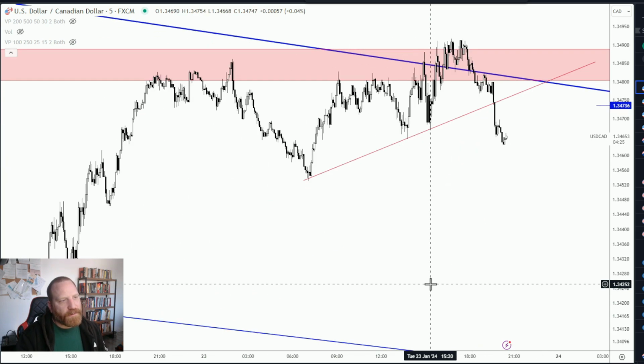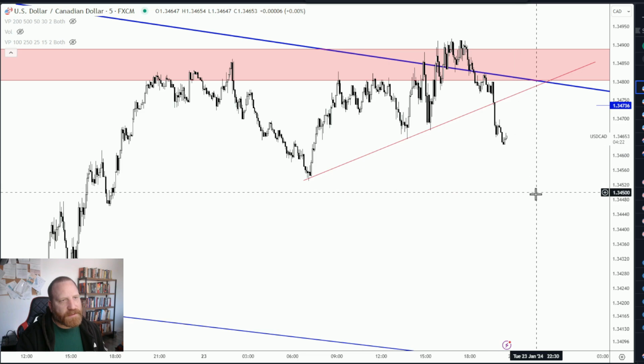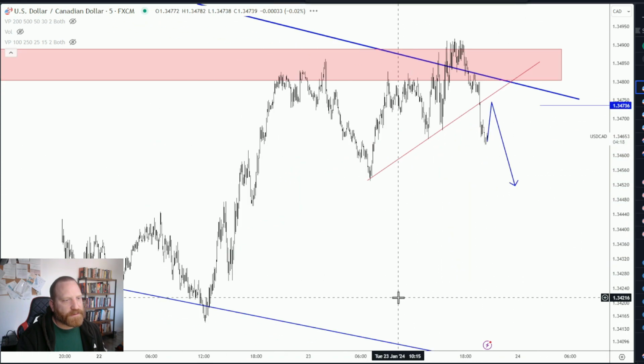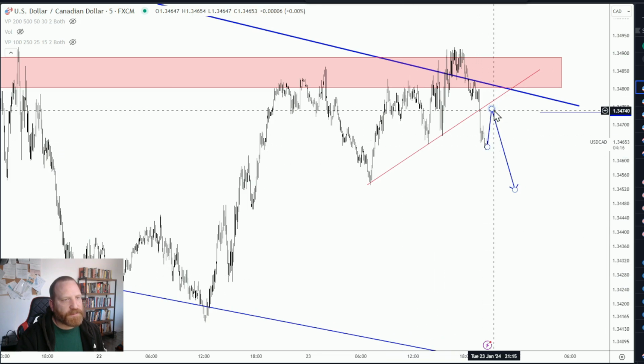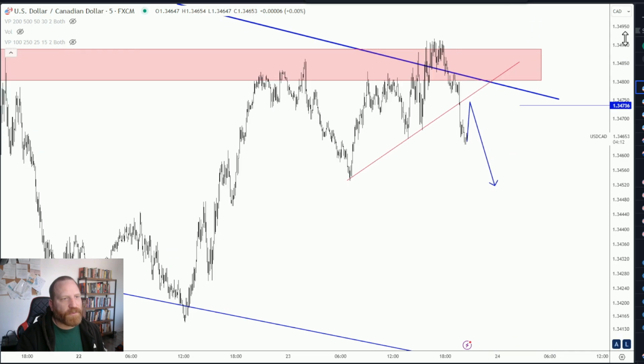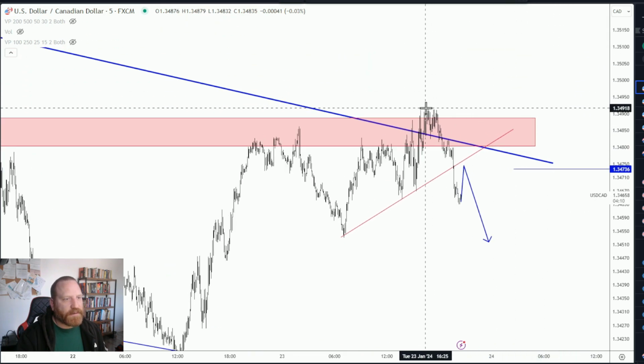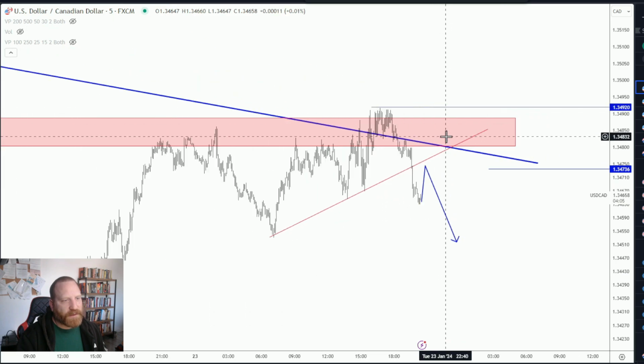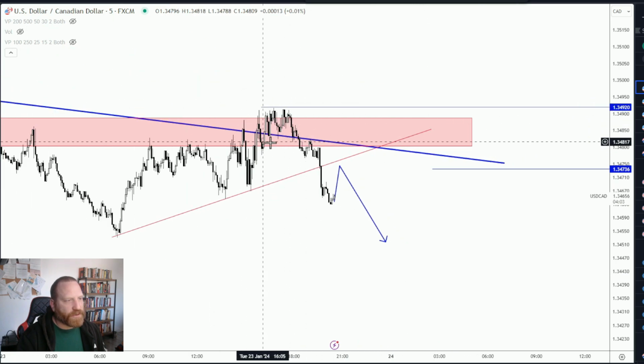But once you see this, what I would wait for is some type of retracement, and then I would short. And my stop would be at the structure, at the top of the reversal structure on the shorter time frame.